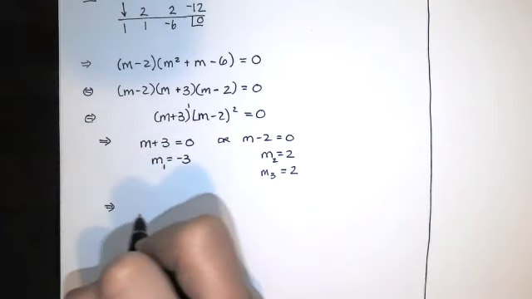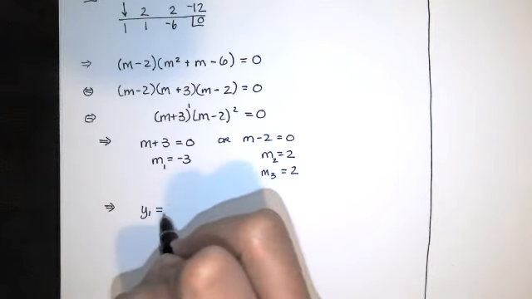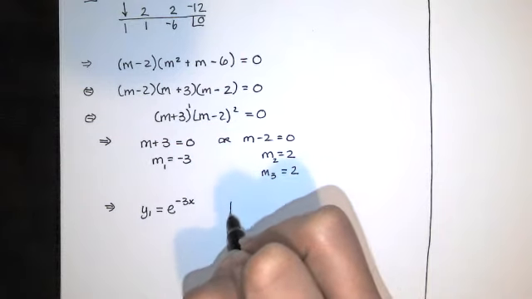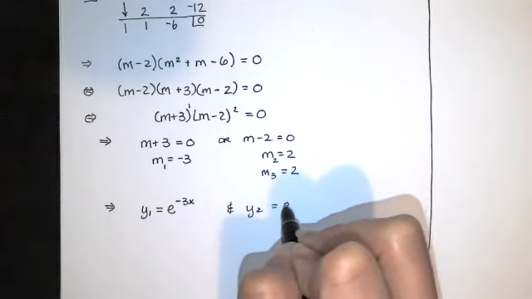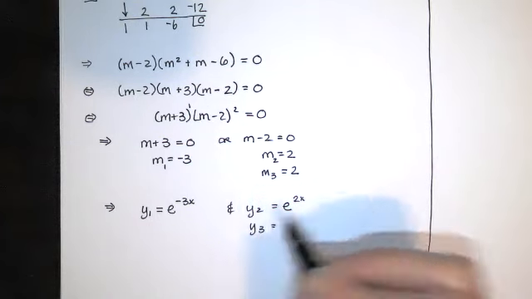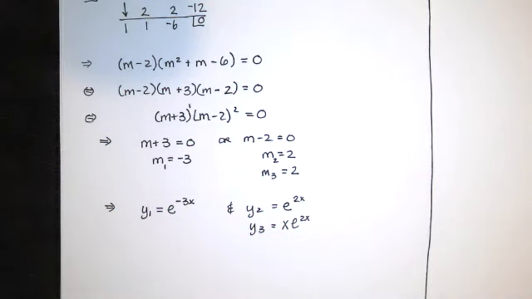So that means our corresponding solutions are y equals e to the mx. So y1 is e to the m1x, and y2 is equal to e to the m2x. m2 is 2. And then y3, since that's a repeated root, looks just like that one, but you multiply by an extra x.